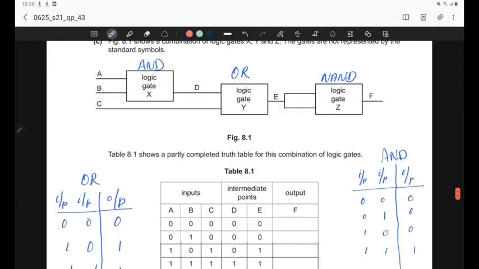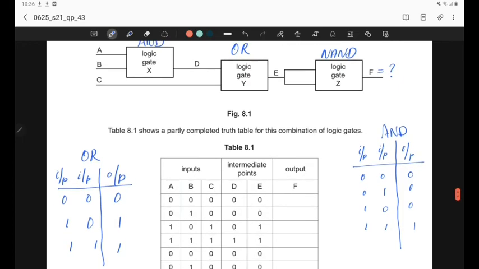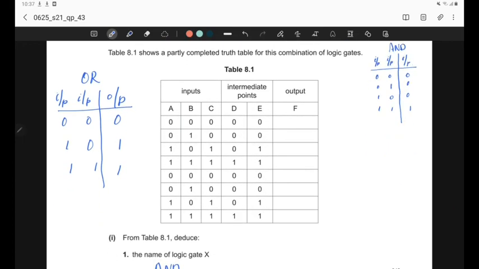So we should check what should be the outputs. For this we should know the truth table of a NAND gate. For a NAND gate, it's just the opposite of the AND gate output. When the inputs are at different combinations, the output will be 1 1 1, and when both inputs are 1, the output will be 0.